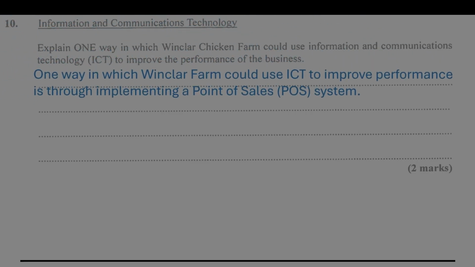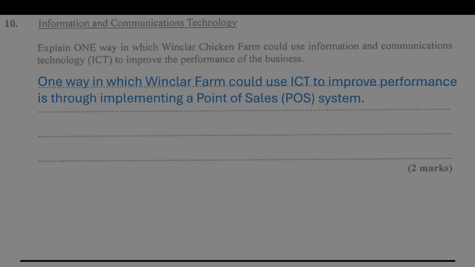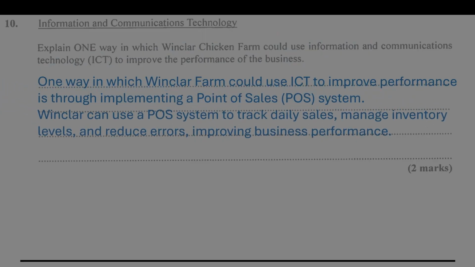So one way which Winkler Farm could use technology, ICT, to improve performance is through implementing a point of sale system. So a point of sale system is just a little computer that you see at the cashier at most grocery stores. So Winkler Farms can use a POS system to track the daily sales, manage the inventory levels, and reduce errors, which would improve the business performance.